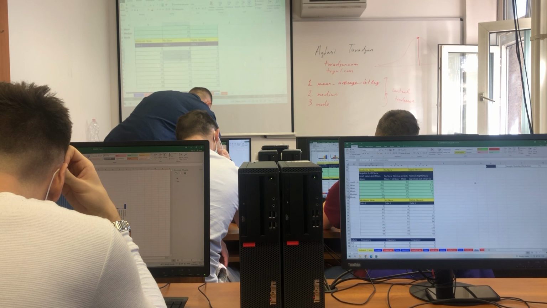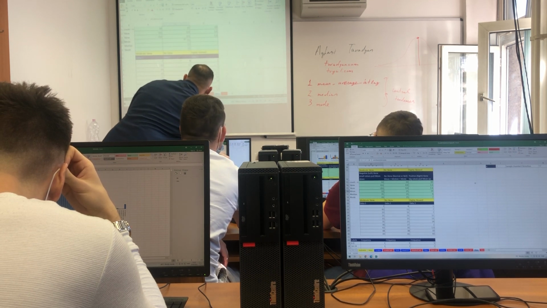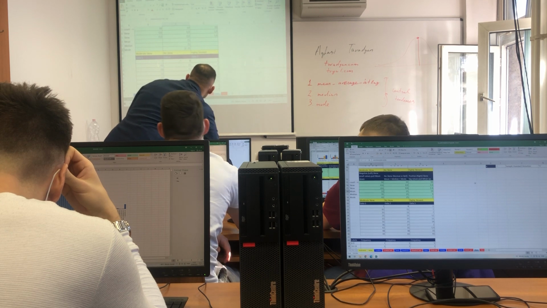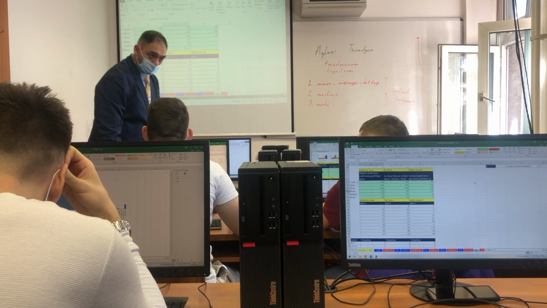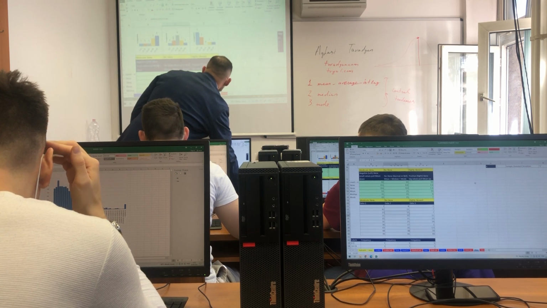This is sample data 2. Okay. In this case, the average, the median, and the mode are the same, and you can see it graphically. It's symmetric.